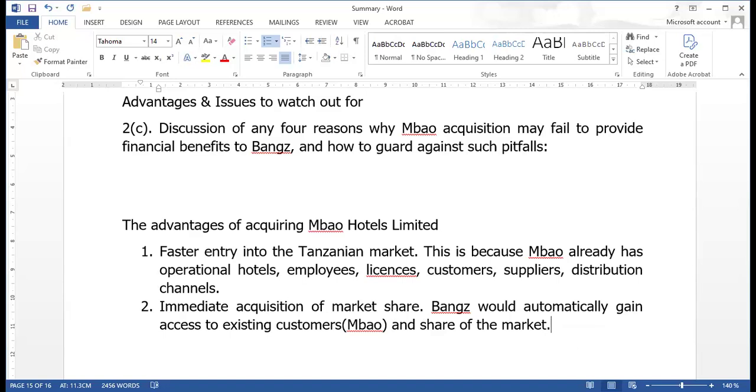You are just trying to strengthen. It will strengthen your competitive position in the Tanzanian market. I hope you have understood point number 2.